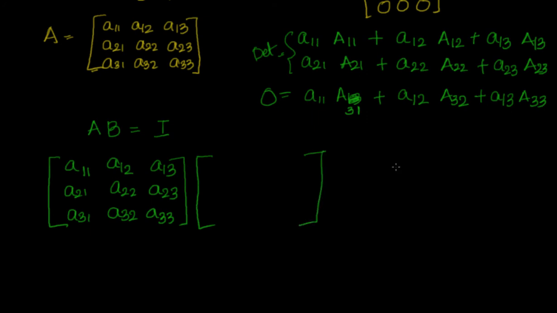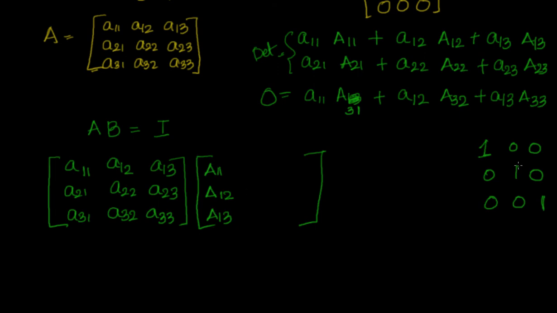I want a unit matrix, which has 1 0 0, 0 1 0, 0 0 1. That means the first element should not be 0. I want this value to be equal to the determinant of the matrix. Whenever you multiply two matrices, you multiply R1 with C1. So I should write here A11, then A12 and A13. This makes sure that the first element is okay.